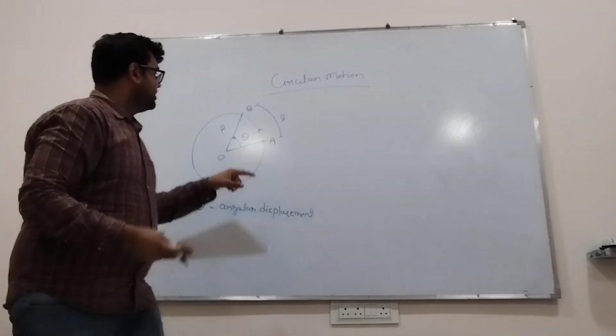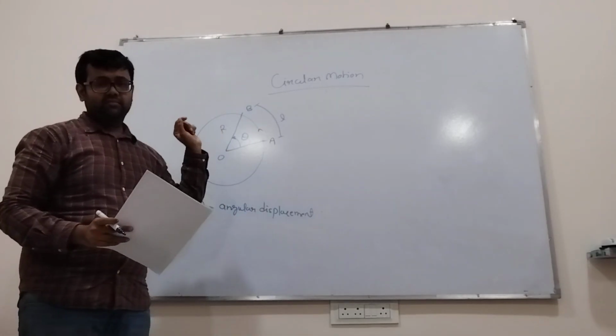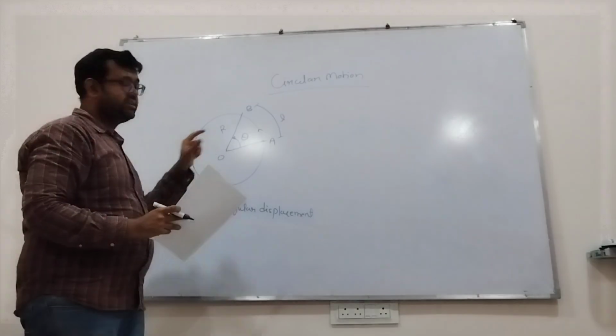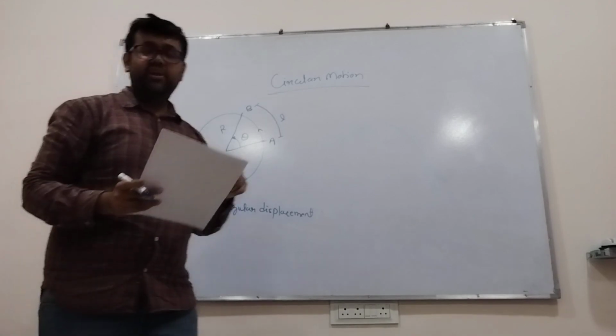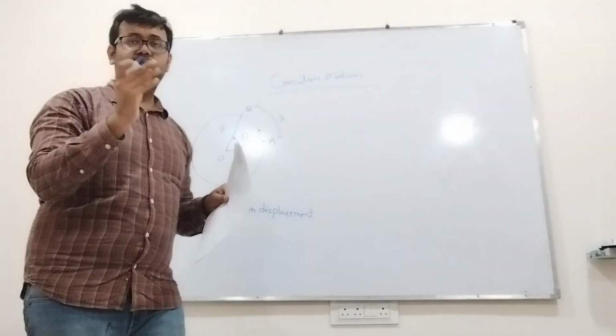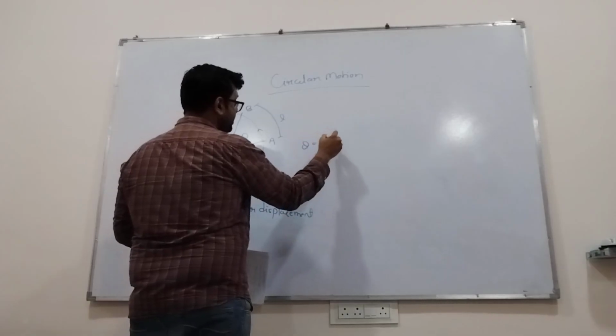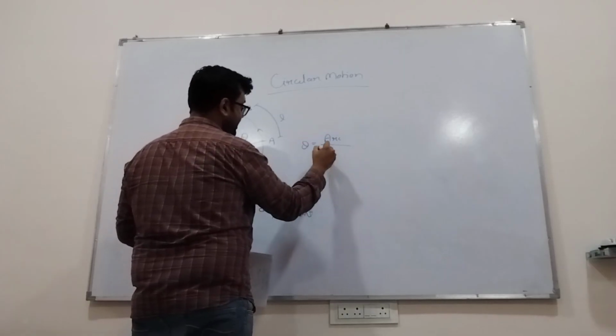So now, suppose we know the value of L. Can we find out the value of theta? We have already learned in previous classes that the angle is nothing but the arc length upon radius.